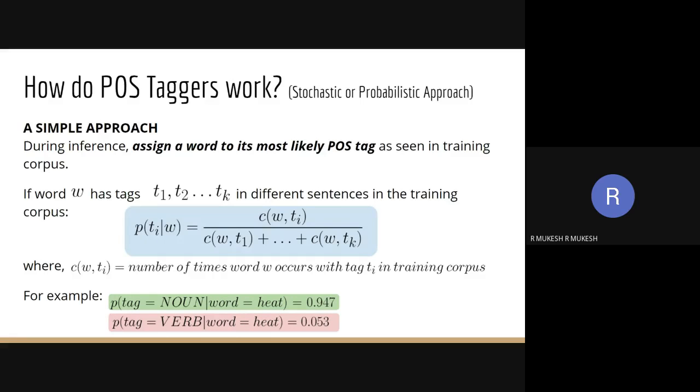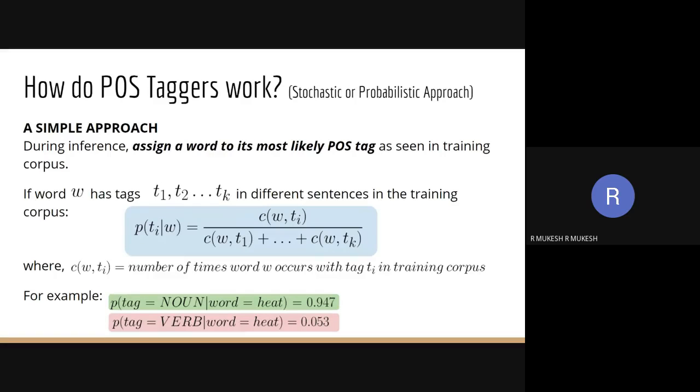Let's say I have the word heat. It could either be a noun with a 94.7% probability. That is, in 94.7% of cases in my training data it has been used as a noun, and in only 0.5% of the cases it has been used as a verb, right?